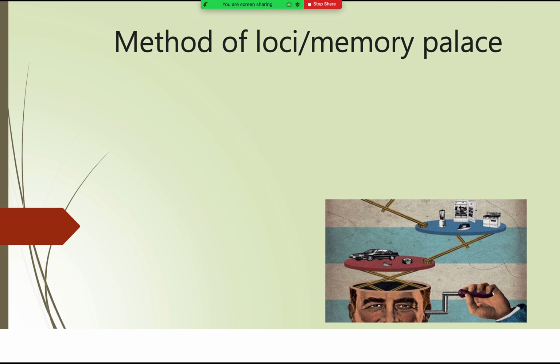Then the memory palace. As the name implies, this technique uses associations with a place or task. The visualization of the same provides cues for recalling the task. By choosing any action properly, one can use memory at any time in the day.